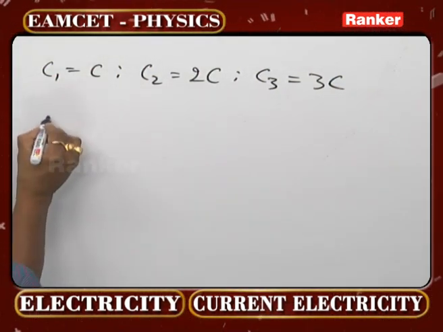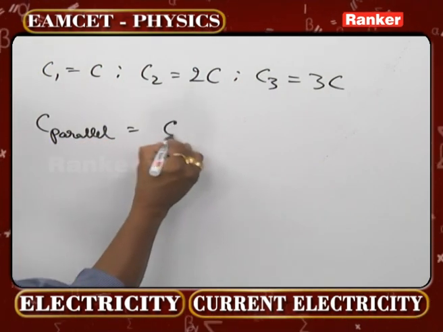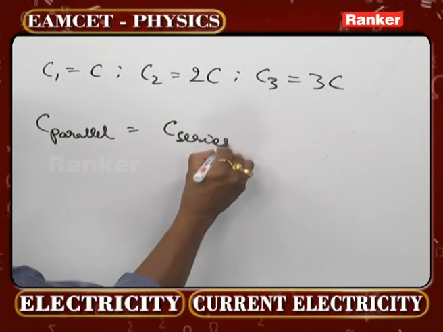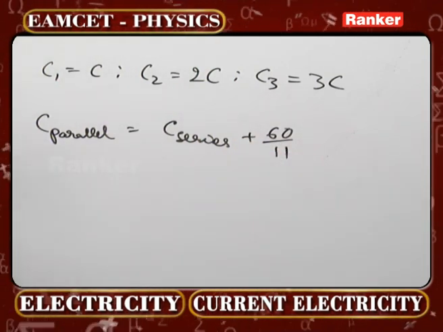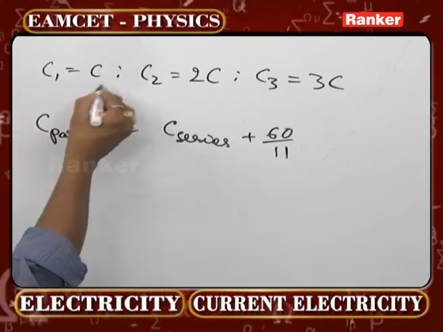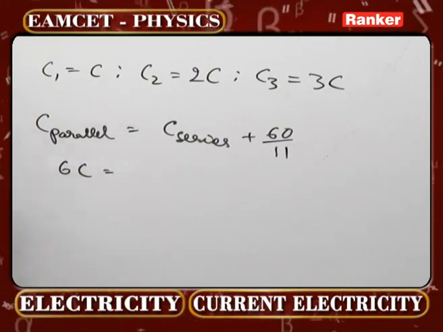Now when connected in parallel, C parallel is equal to C series plus 60/11. That is what he is talking about. So what is C parallel in this case? C plus 2C plus 3C, that is 6C.